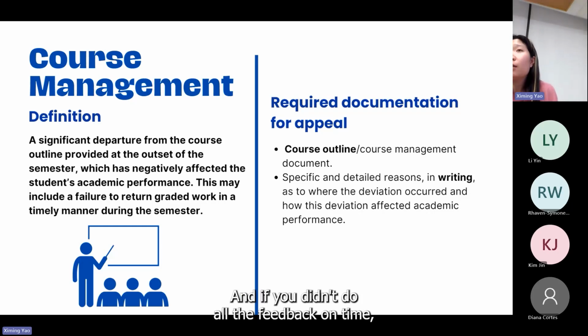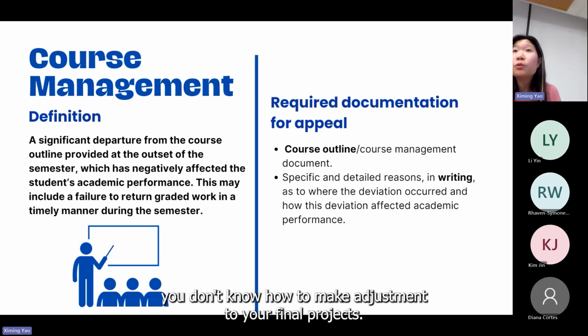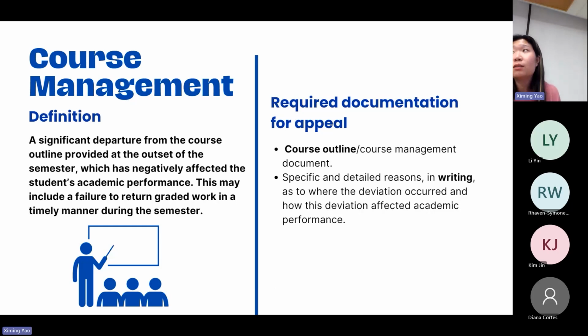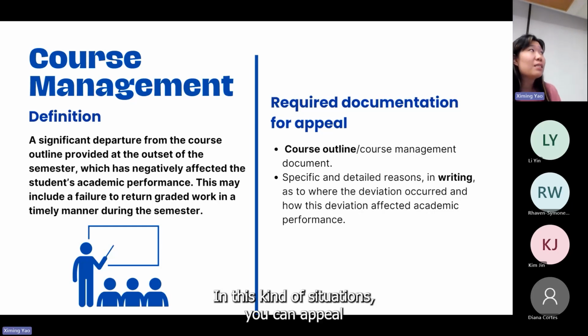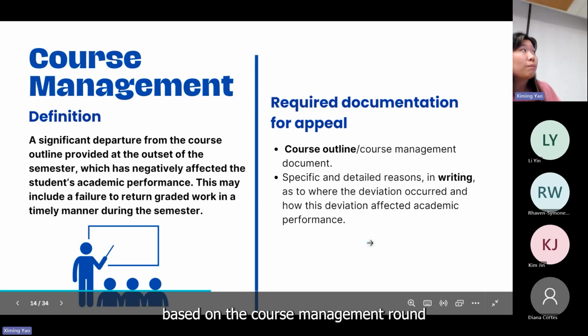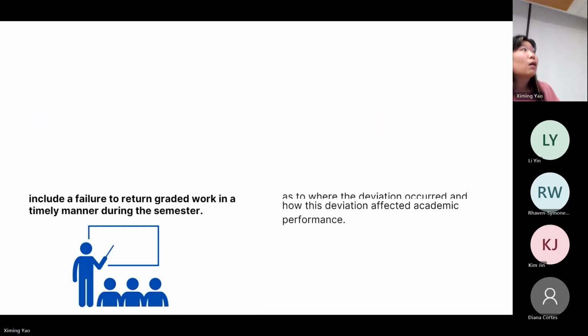If you didn't get the feedback on time, you don't know how to adjust your final project, and that is leading to a failure of your final project, right? In this kind of situation, you can appeal based on course management.